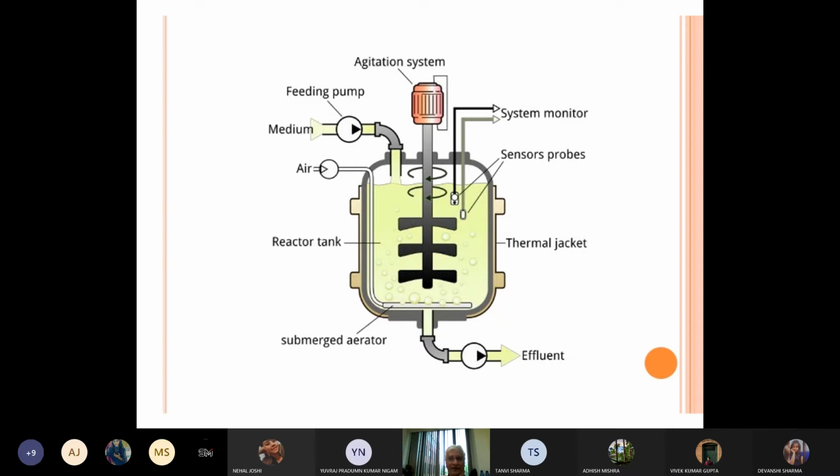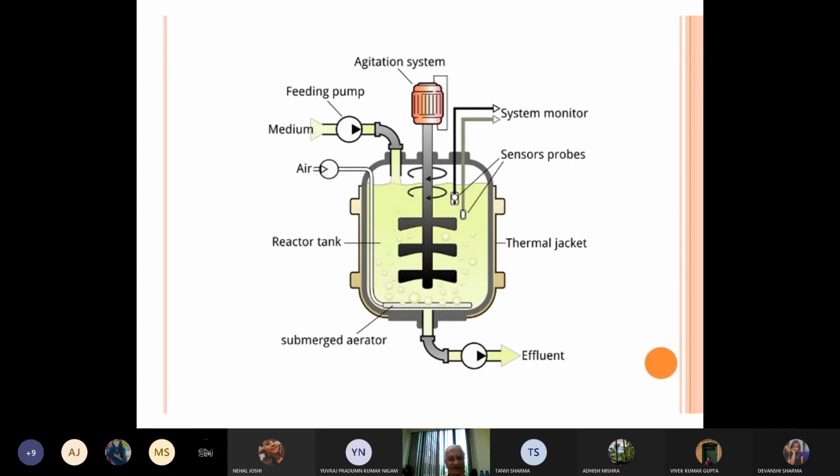With this jacket, we can handle the temperature because sterilization temperature is 121 degrees and growth temperature is 33, 35, sometimes even 37, but I will put it at 35 degrees. So the thermal jacket helps you in cooling, heating and maintaining the temperature.